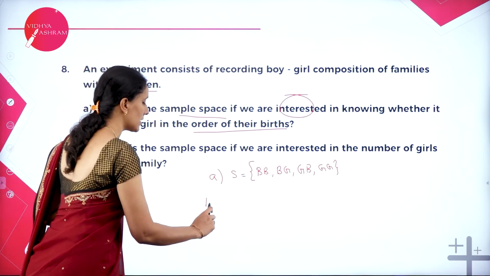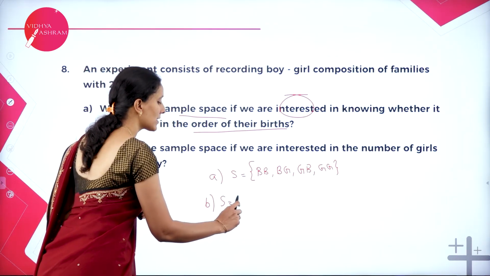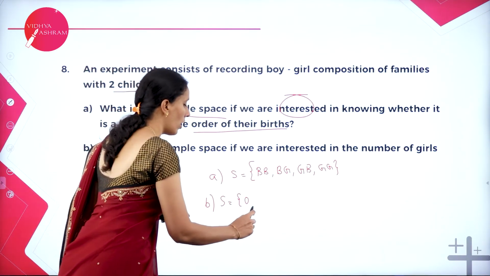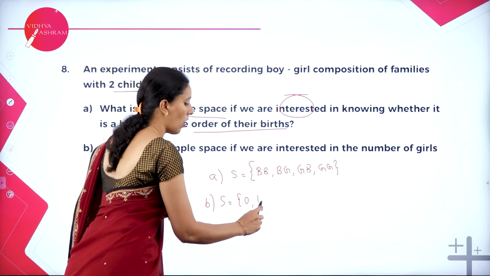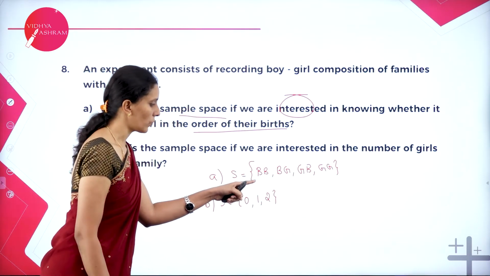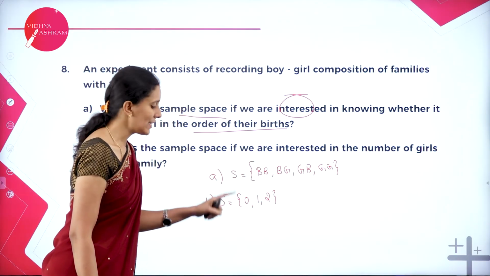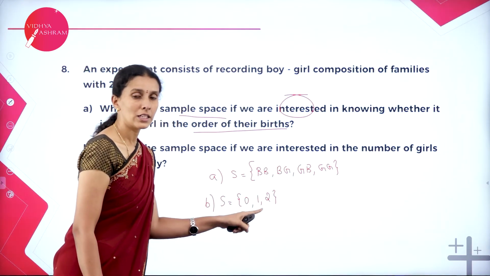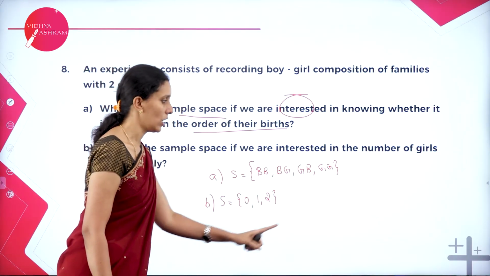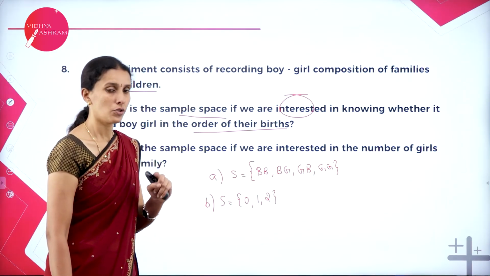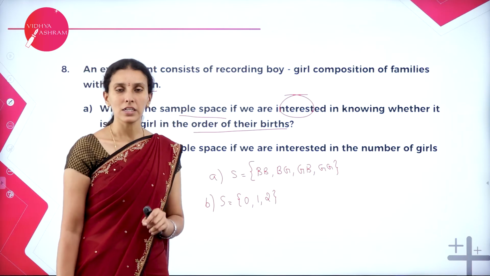The sample space can have 0, there might be no girls, or there is only 1 girl, or there are 2 girls. If you look at the sample space of the first one, if both children are boys, then there is no girl. If it's a combination of boy-girl or girl-boy, there is only 1 girl. If both of them are girls, then we count the number of girls as 2. So this is the sample space for the second one.